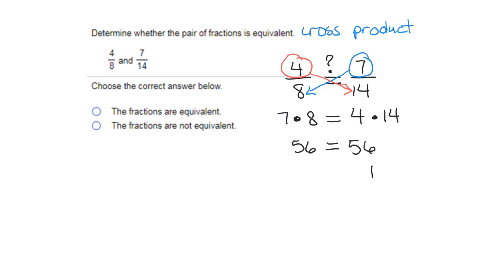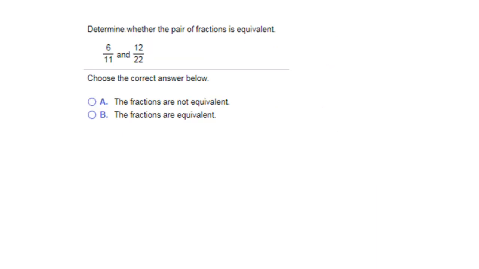So since this is a true statement, the left side is equal to the right side, I can say that these are equivalent fractions. So when the left side equals the right side after your cross product, the original fractions I gave you are equivalent. We will continue to practice over the next 2 slides.